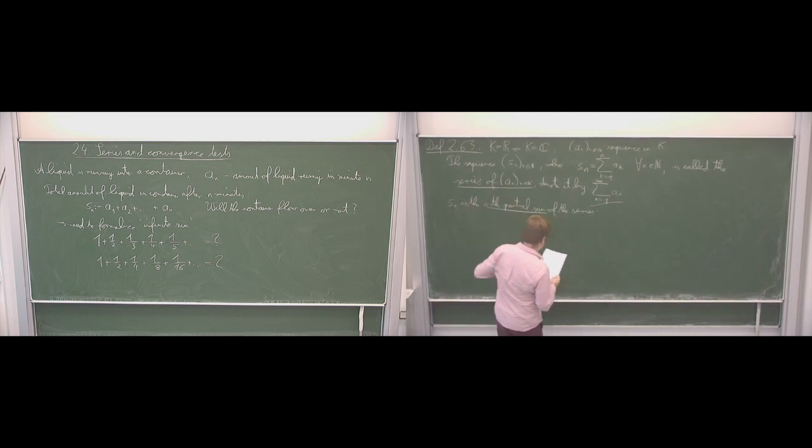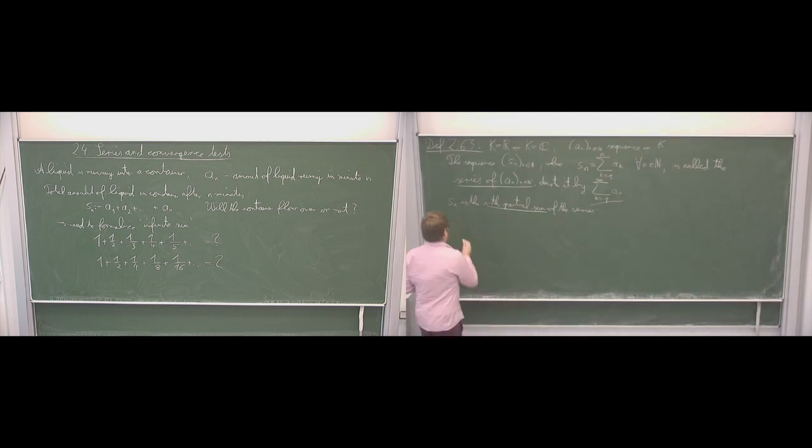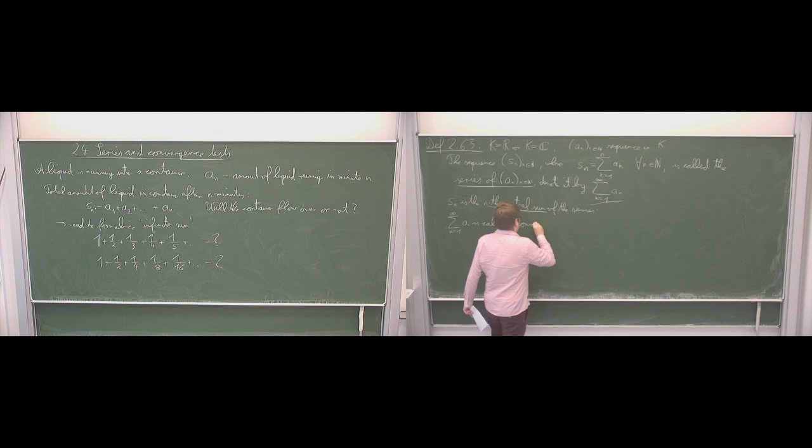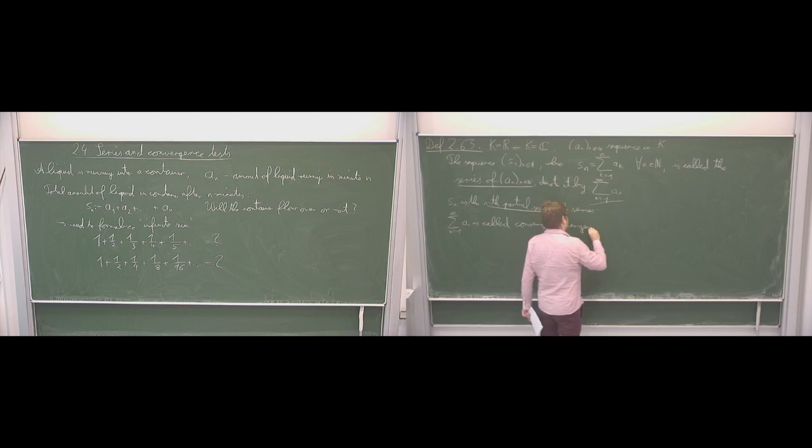Okay, I should write this down more carefully. Then the series, the sum from n equal to 1 to infinity of a_n, is called convergent or divergent, and you can guess what I mean: if this sequence of the partial sums is convergent or divergent.